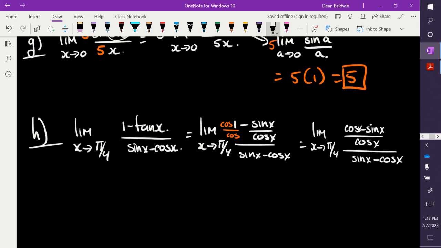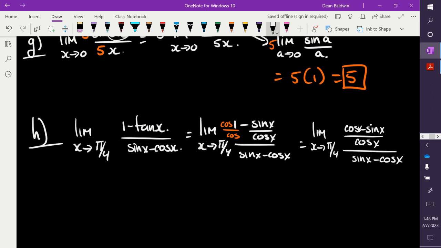So I need to make a common denominator of the top because I have 1 minus sine x over cos x. But to put those together, I need a common denominator, which is going to be cosine. So I multiply top and bottom by cosine, because cos over cos is still 1. So then I got cos minus sine over cosine.